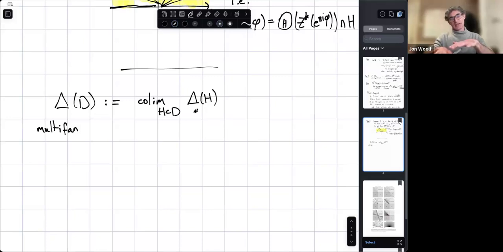So what you need to do is think of these as fans living over the vector space, with a map to the vector space. So basically, when you unwind that, you're thinking of these as pre-sheaves on the poset of cones.